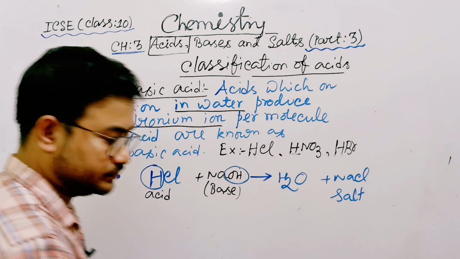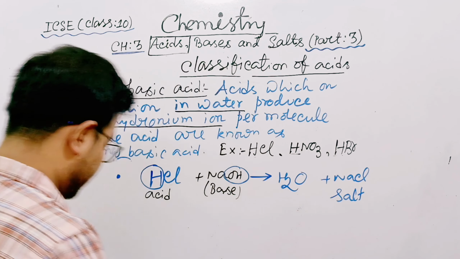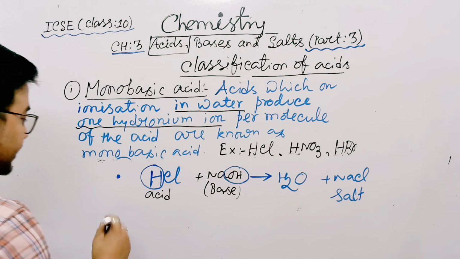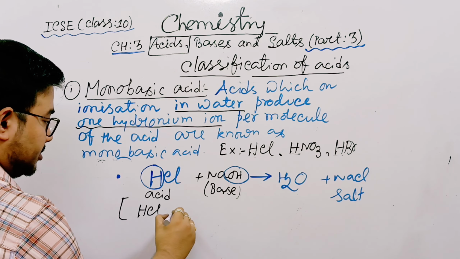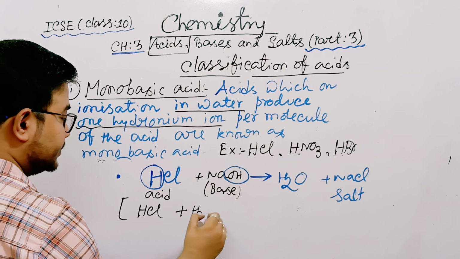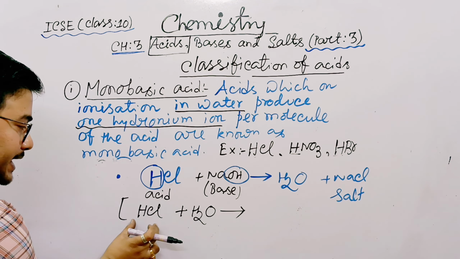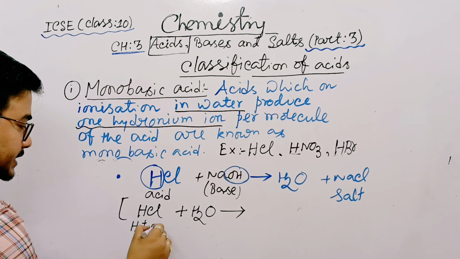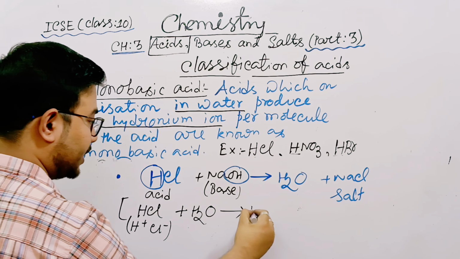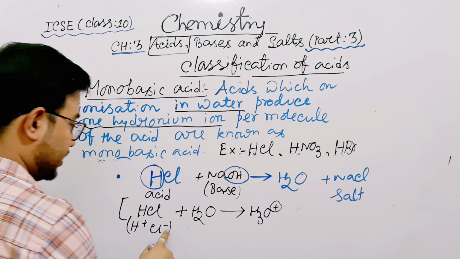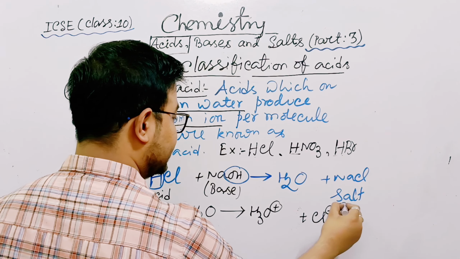Okay, now see, whenever HCl dissolves in water, it will complete in one step. One step means HCl gives H plus, Cl minus. In a single step, this H attaches with water, and the Cl minus ion will form in a single step.